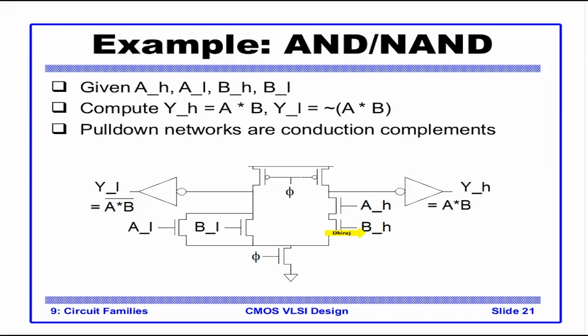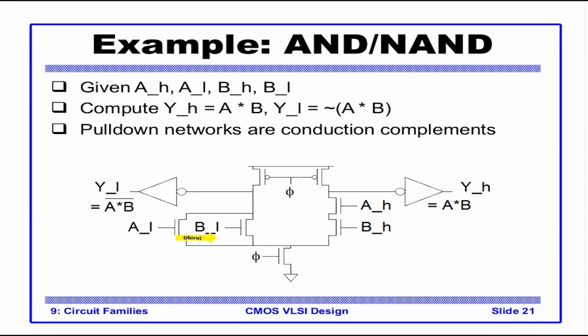You also need the inverted of these, so you have A inverted and B inverted. AI is nothing but the complement of AH. The function represented by AH and BH will be complementary to the function represented by AI and BI. So on one side you make an AND connection, on the other side you make an OR connection.